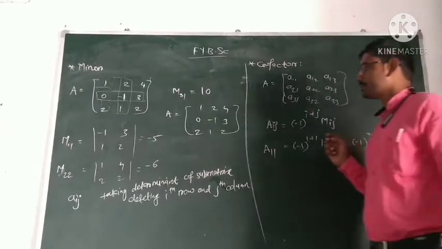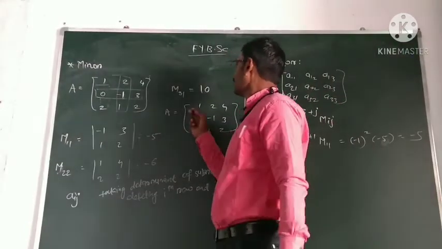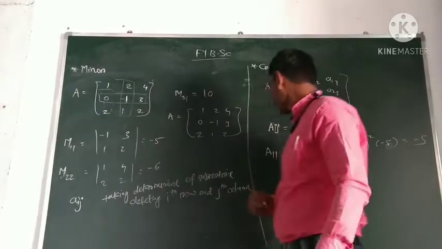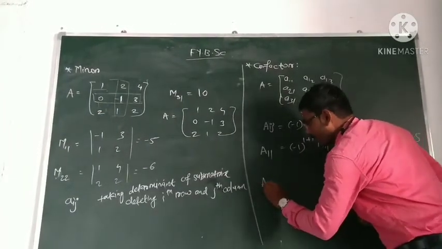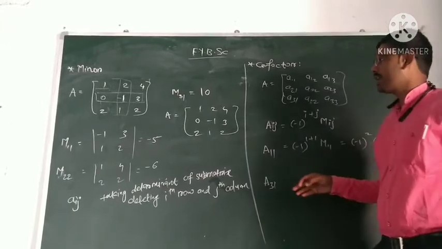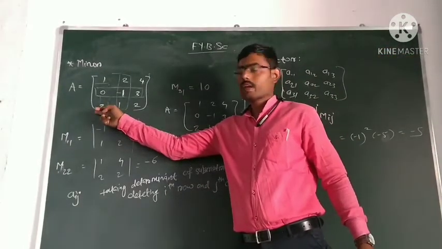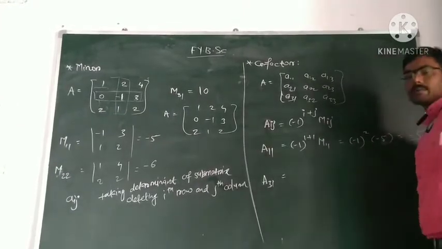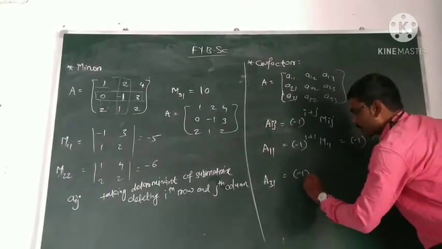Now we will calculate the cofactor of the element A31, which is in the third row and first column. This is 2. So the cofactor of A31 is equal to minus 1 to the power i plus j.